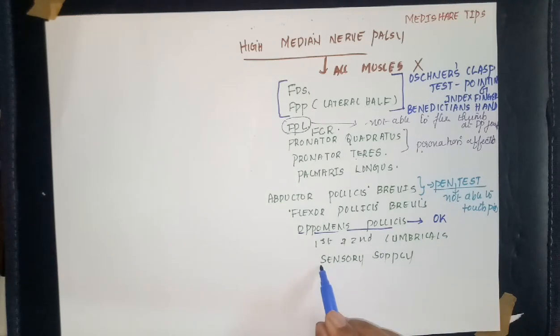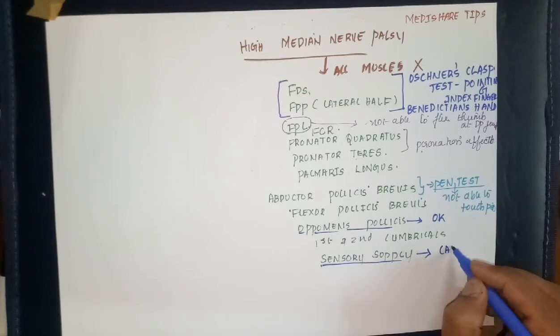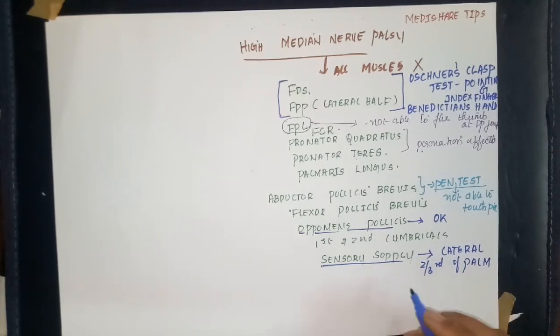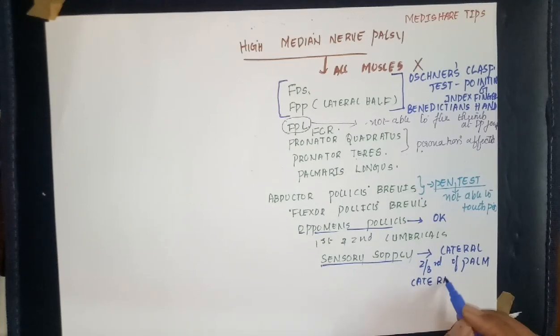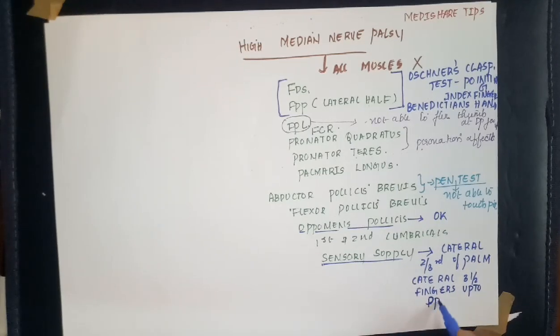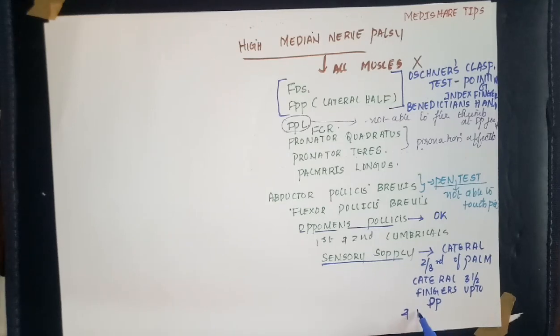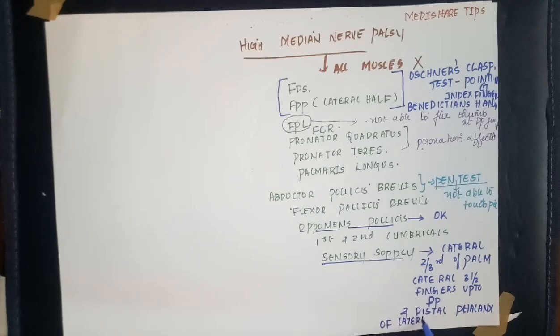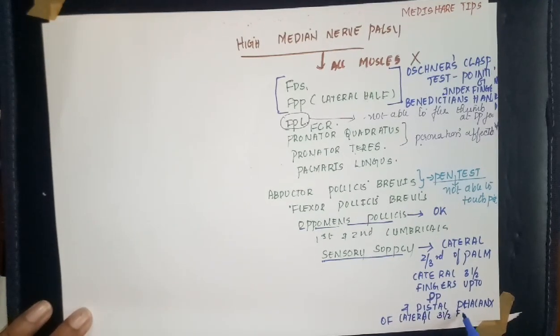As the sensory supply to the lateral two-thirds of the palm is gone, sensory supply to the lateral three and a half fingers, up to the distal phalanx on the dorsal side, is also affected.